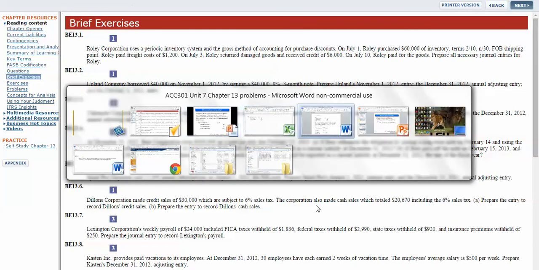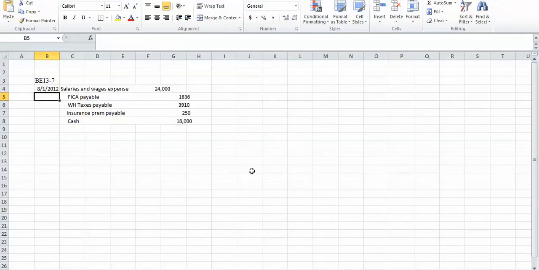So if I go to my journal entry, and this is not for August, I don't know what the date is, so ignore that. We see that we have the salaries and wages is 24, so that's the gross amount. Then we'll put in the FICA, the withholding tax, right?